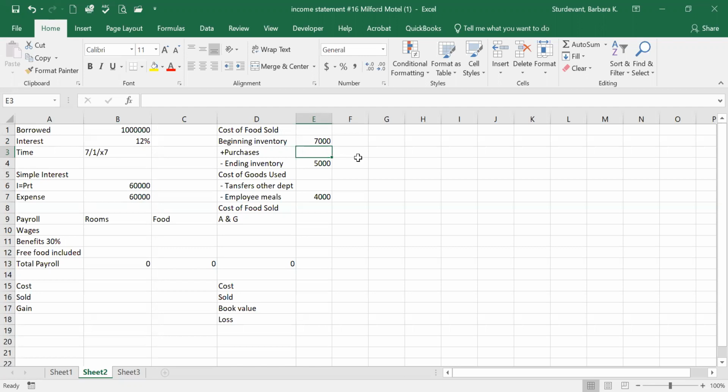What are our food purchases? Food purchases were 200,000.